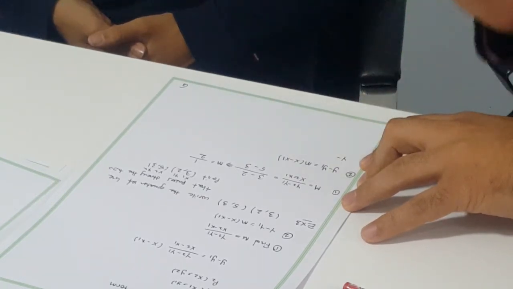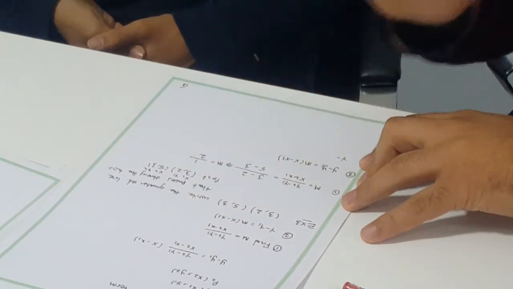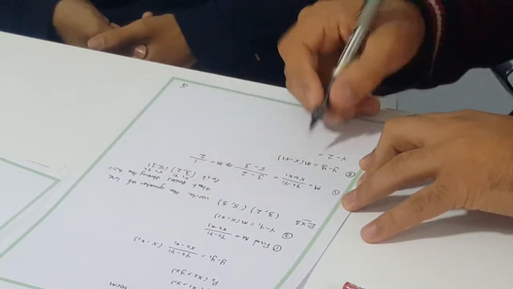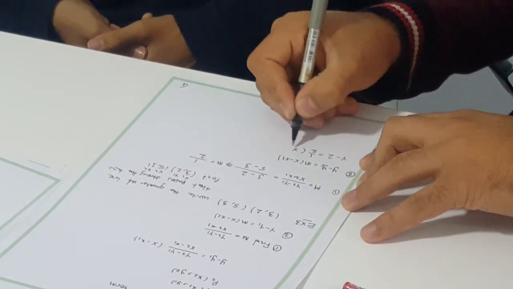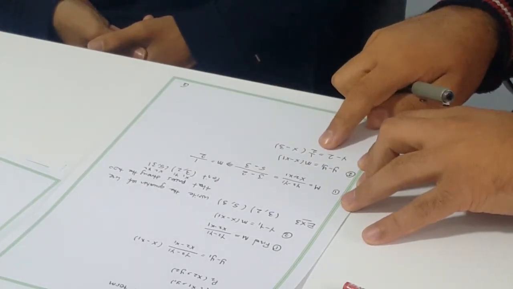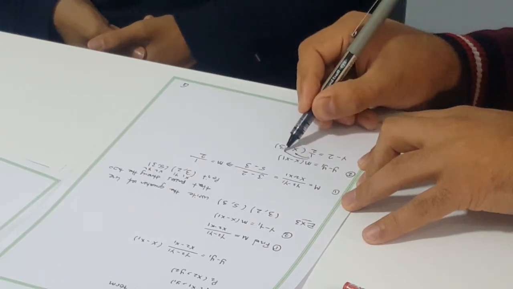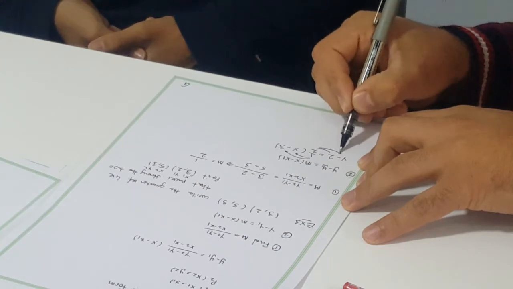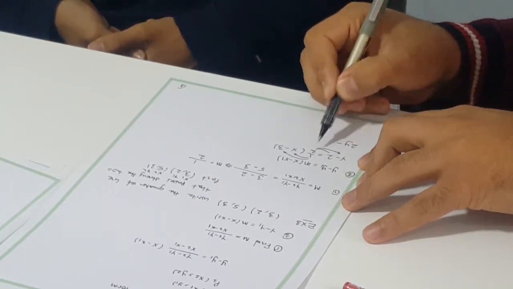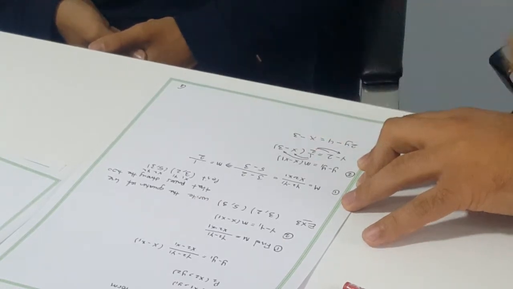So y minus y1, y1 is 2, equal to m, 1 over 2, which we found before, times x minus x1, which is 3. The slope is a fraction, 1 over 2, so to make it easier, multiply the bracket side and the other side by 2. So 2y minus 4 equals x minus 3.